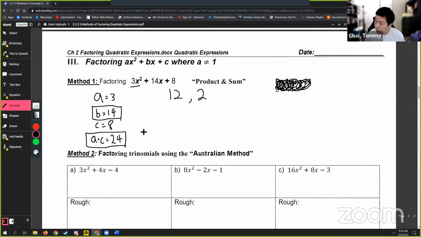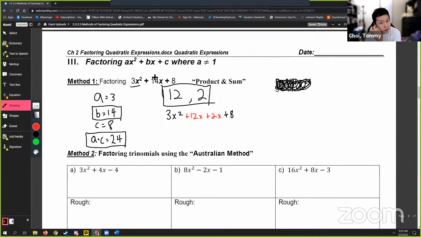So what we're going to do instead, once we have the two numbers, is write it out and expand this middle part into two pieces, which are the two numbers we're working with. Using these two numbers, we get 3x squared, plus 12x plus 2x, plus 8.